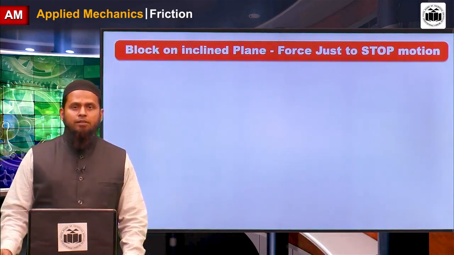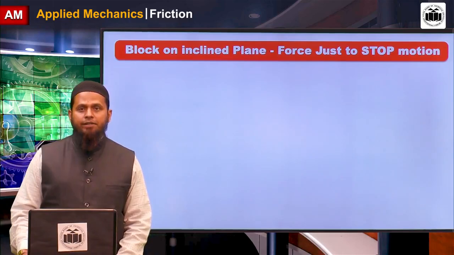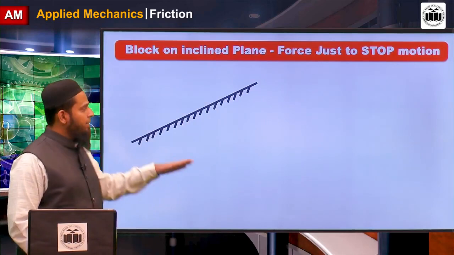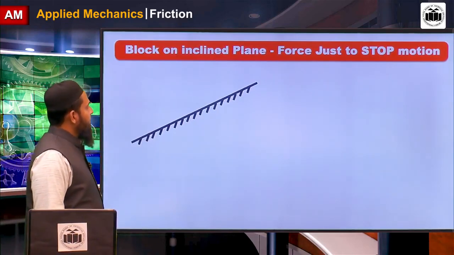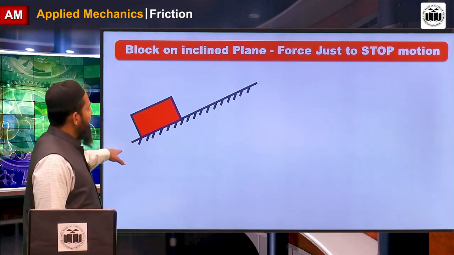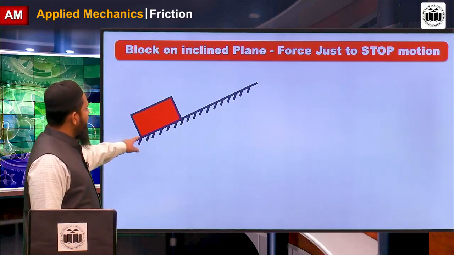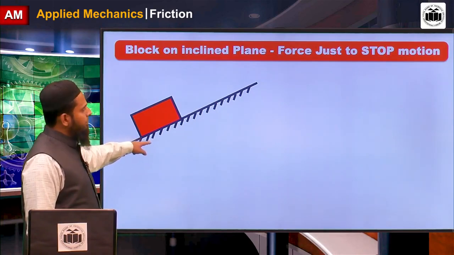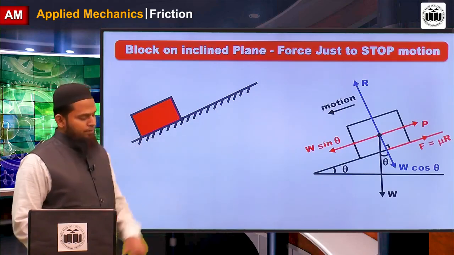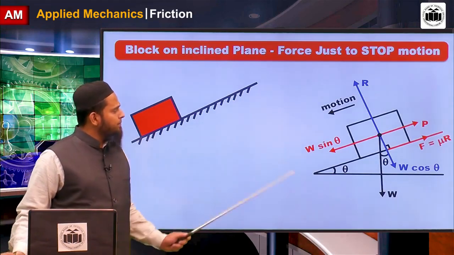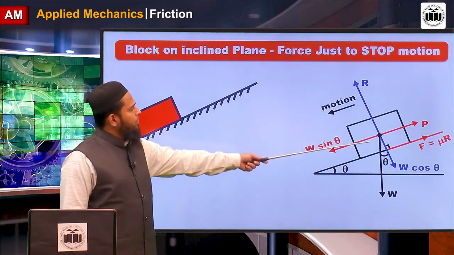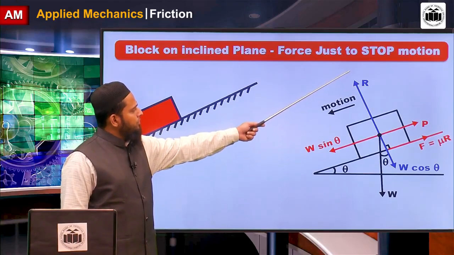Now next problems are block on inclined plane, force just to stop the motion. This is one inclined plane. When block placed on this, body starts to move. Why? Because angle of inclination is greater than angle of repose. Now what is the free body diagram of these types of problems? Very simple, same one. P force is required to stop the motion.